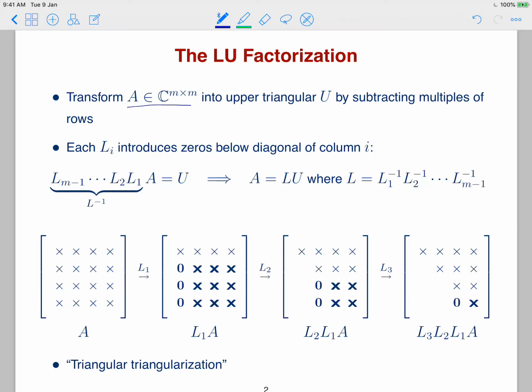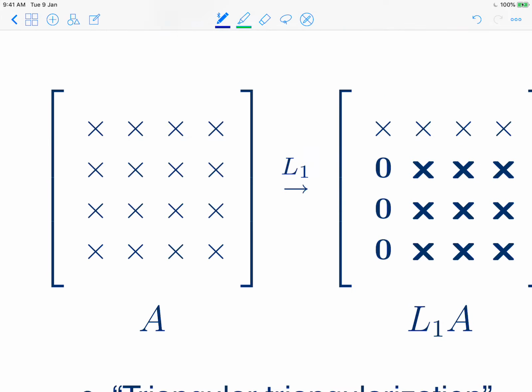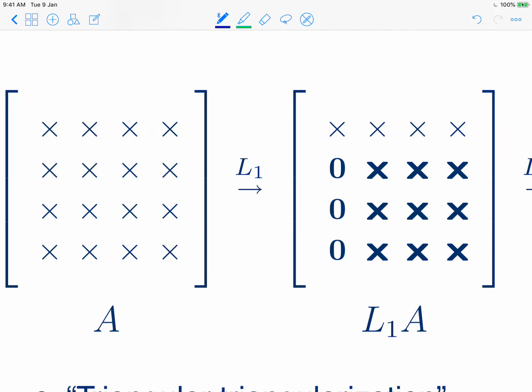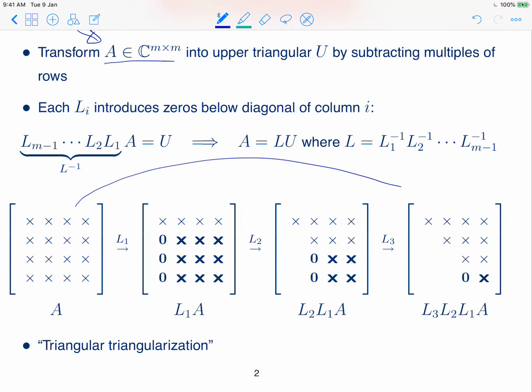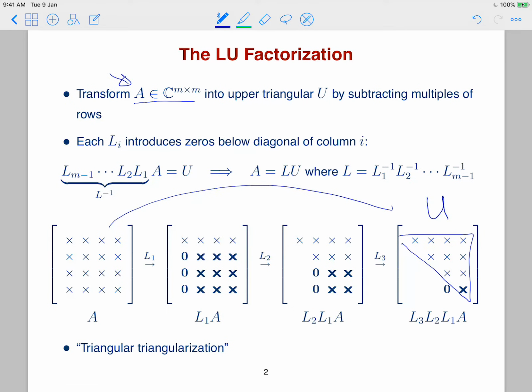Let's just assume we are given a square matrix as our input, and this LU factorization is an iterative process of making this matrix into an upper triangular matrix, which we call U. How do we change this matrix A into an upper triangular matrix?